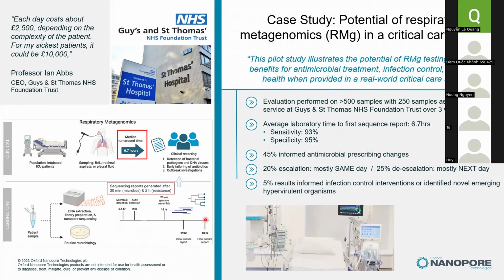My question is, do we apply adaptive sampling to this? Like we give a set of the AMR gene database to the software in order to target them? No, this is metagenomics, so they don't do any adaptive sampling.